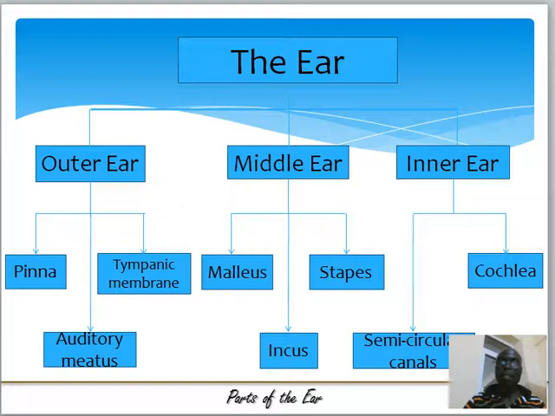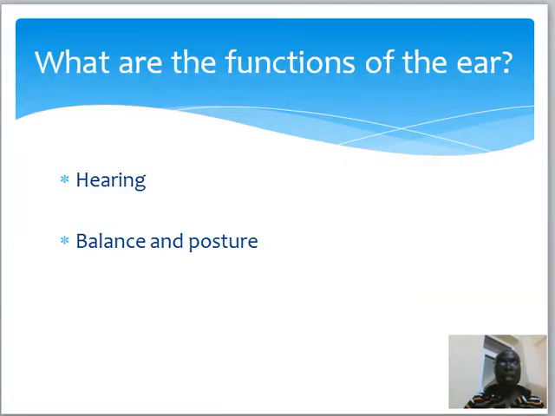Then coming to the middle ear, it's also made of three parts: the malleus, the incus, and the stapes, which is a series of small bones whose function is to amplify sound waves as they are transmitted to the inner ear. The inner ear is made of two structures: the semicircular canal and the cochlea.